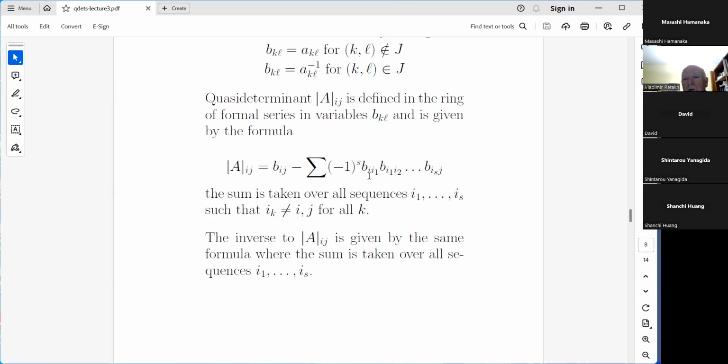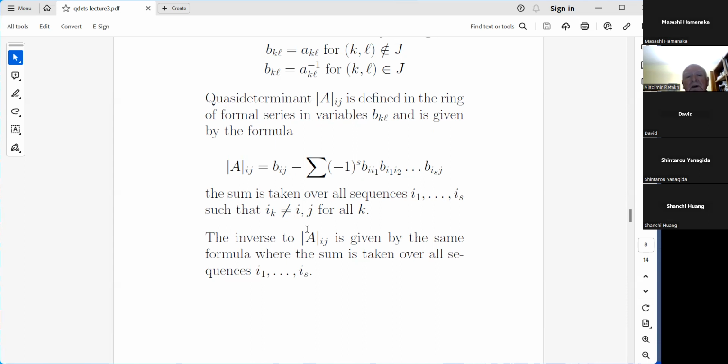So I go from I to I1, from I1 to I2, then eventually I go to IS, and from IS I go to J. So all these monomials correspond to some sort of paths from I to J. And so the sum is taken here over all sequences on the condition that the indices I1, up to Ik, are not equal to Ij.